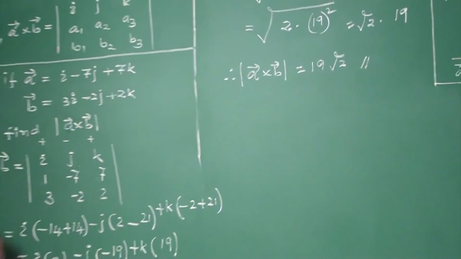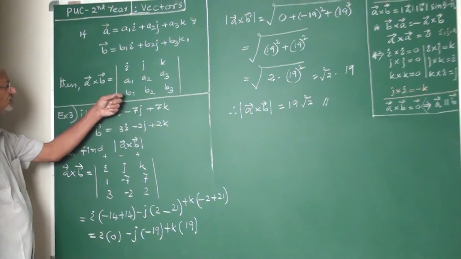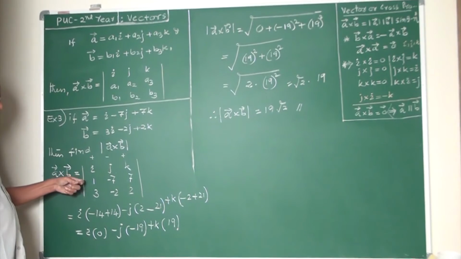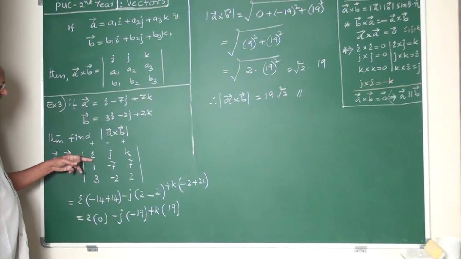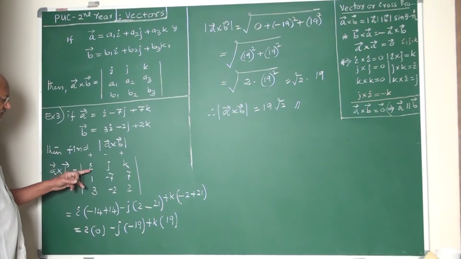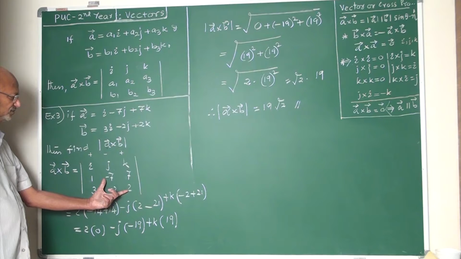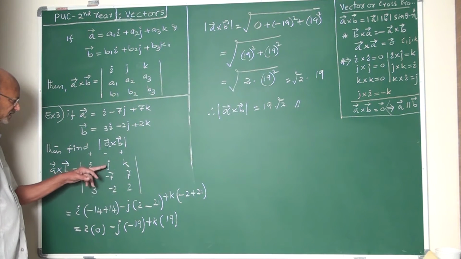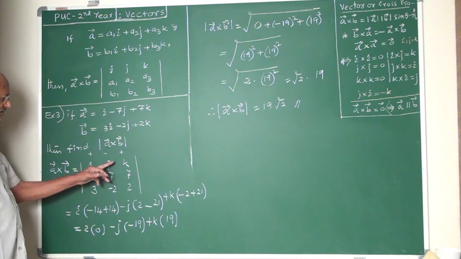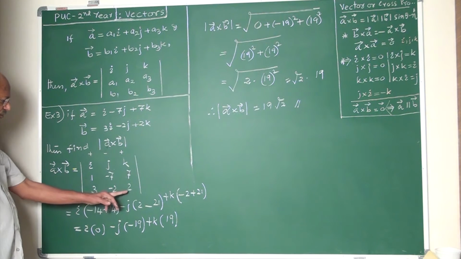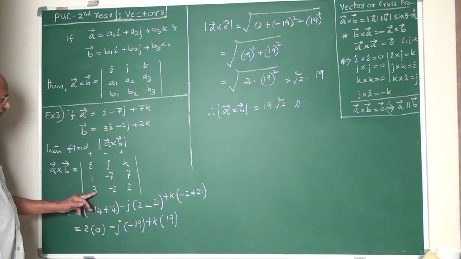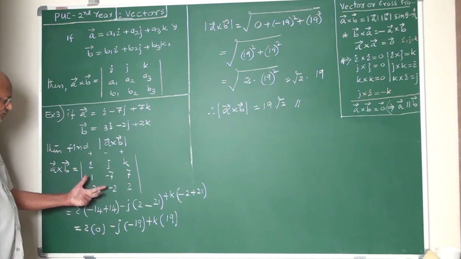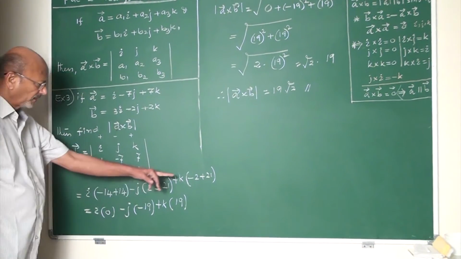You understood? Convert cross into determinant. You are very good at evaluating determinants. i into leave the elements of the first row, first column, minus of minus is plus. Minus j into leave the elements of the first row, second column, 2 minus 21. Plus k into first row last, minus 2 plus 21.